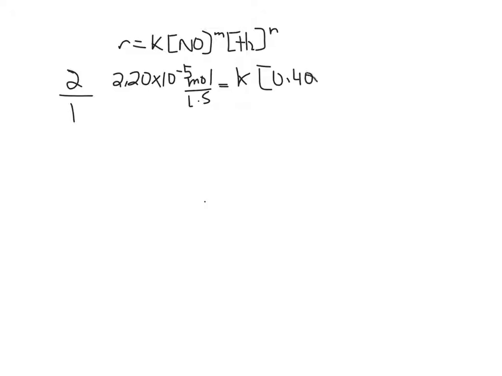So we're going to compare run 2 to run 1. Our rate for 2 is 2.2 times 10 to the negative 5 mole per liter per second. This is equal to some constant K times the concentration of NO to the exponent m.